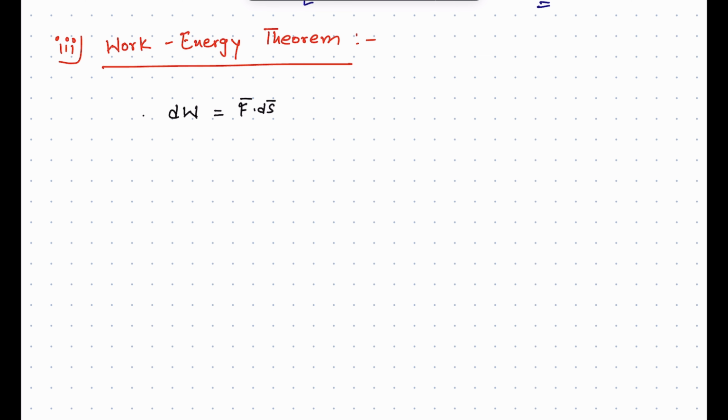This is our dW. Then one more thing we know is that according to Newton's law, if there is some object placed on this surface, and I have applied the force F, there can also be multiple forces, then I can say net force is equal to mass times acceleration, if mass is constant, according to Newton's second law.